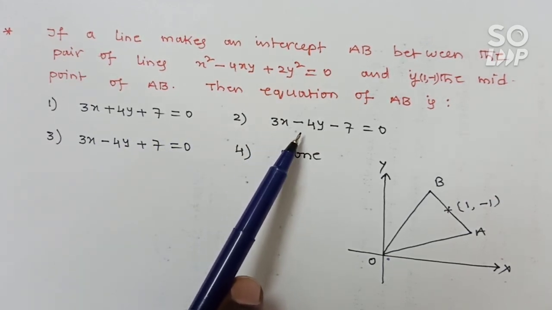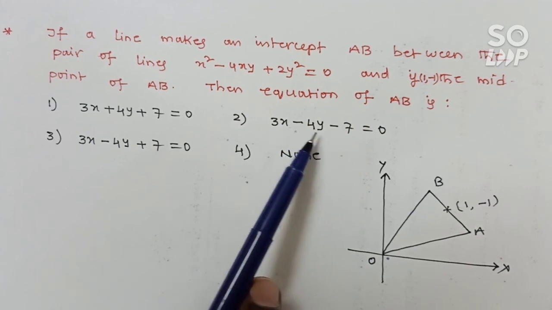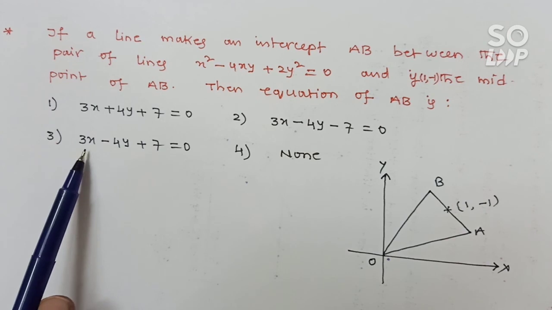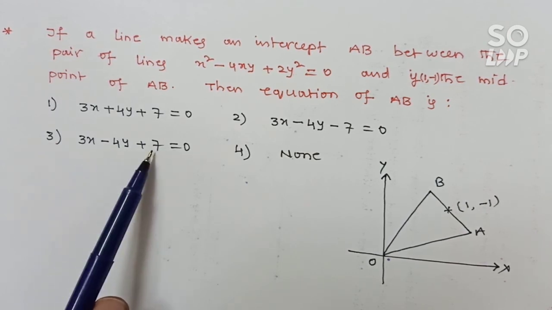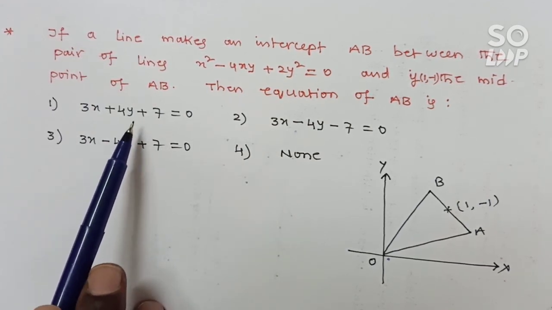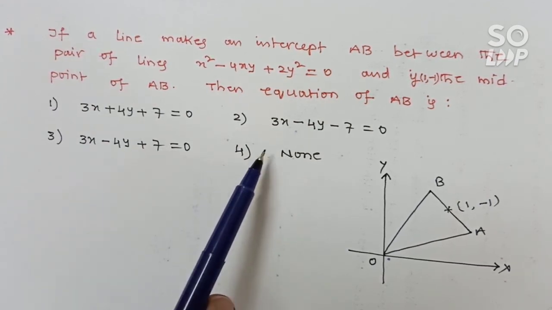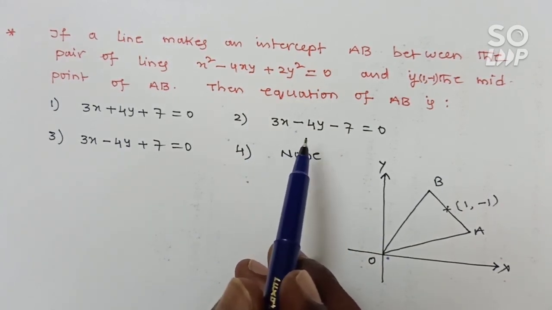Here is 3 plus 4, 7 minus 7 is equal to 0. This is satisfied. Here 3 plus 4 plus 7 is 14. So the first and third are not satisfied. So only the second option remains. We will verify whether this one is correct or wrong.